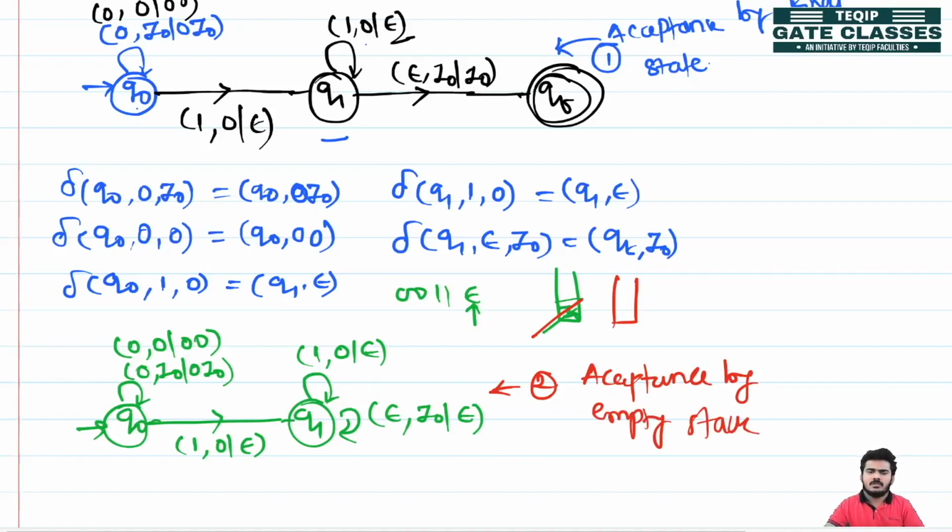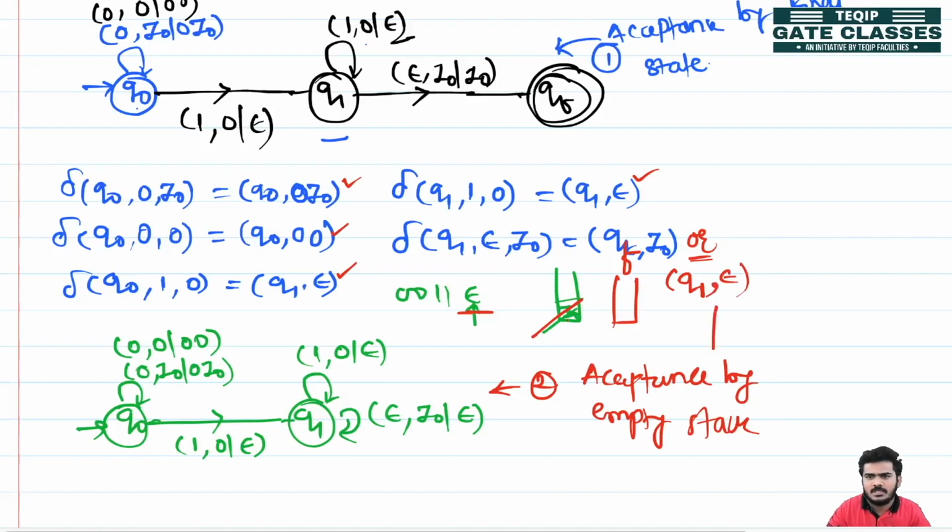Okay, so the transition functions for this will be the same. All these 4 functions become the same. The only difference is in the last function, that is when I am in Q1 and after seeing an input alphabet as epsilon and top of the stack becomes Z0, what I will do is stay in that particular state, that is Q1, and I will do the pop operation.